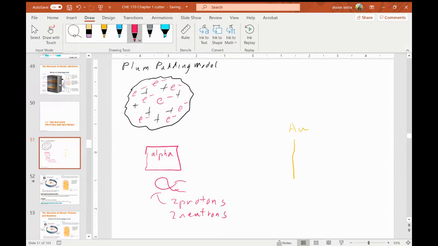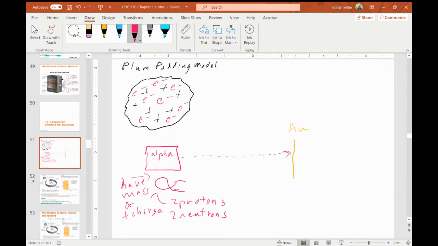Therefore, these alpha particles have mass and have a positive charge. The graduate student was going to then take these alpha particles and throw them at the gold foil.